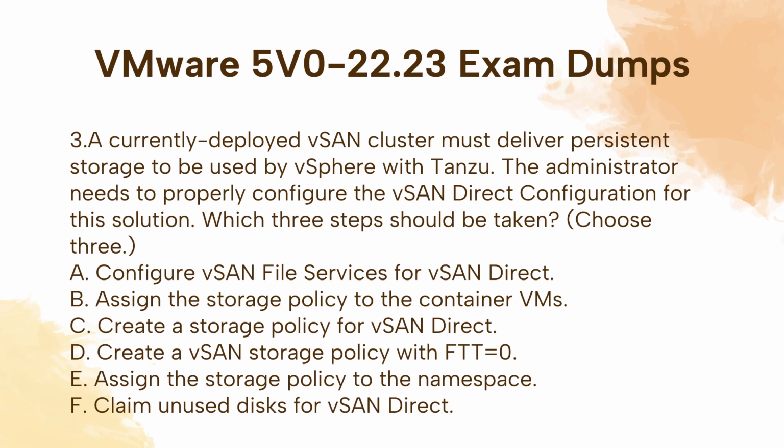B. Assign the storage policy to the container VMs. C. Create a storage policy for vSAN Direct. D. Create a vSAN storage policy with FTT equals 0. E. Assign the storage policy to the namespace. F. Claim unused disks for vSAN Direct.